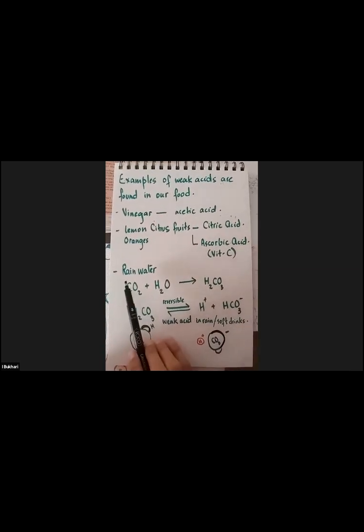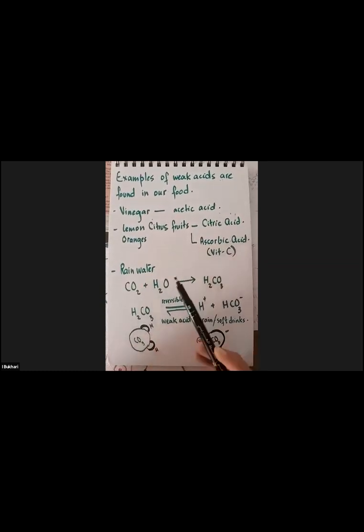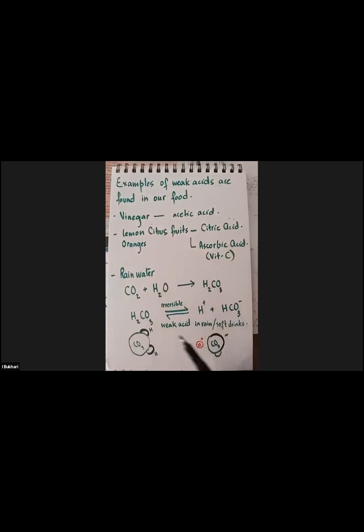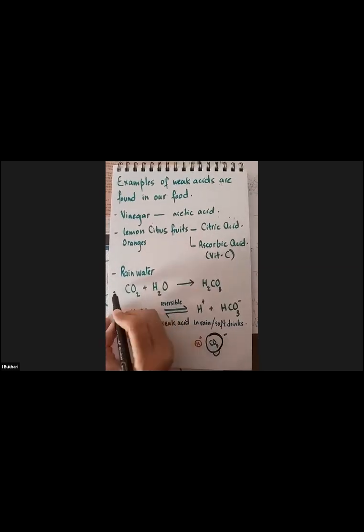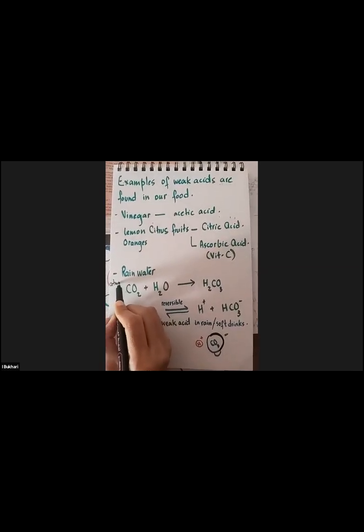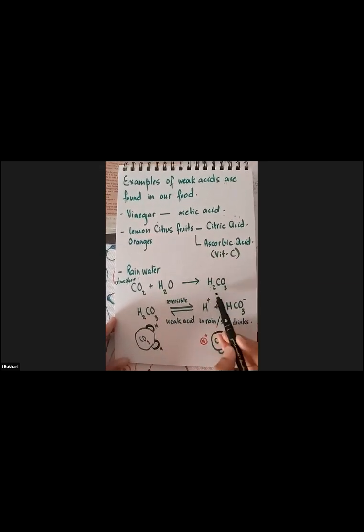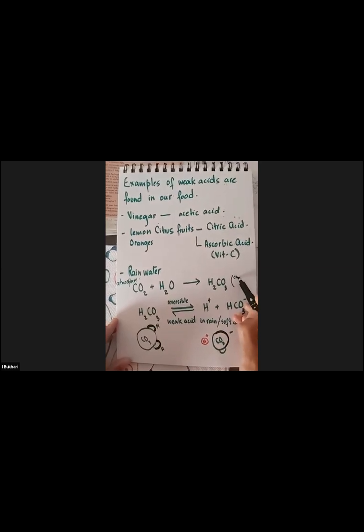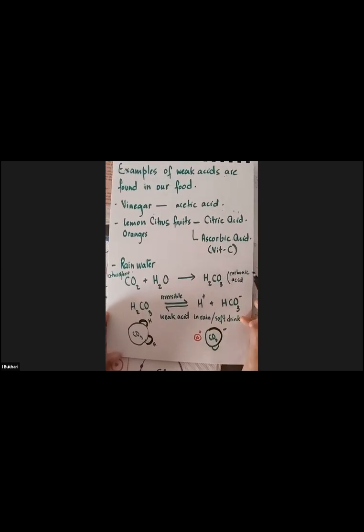Now, another example of weak acid in nature is rainwater. In rainwater, carbon dioxide reacts with water. This carbon dioxide is from the atmosphere, which reacts with water to give us carbonic acid. This is called carbonic acid from the word carbonate.